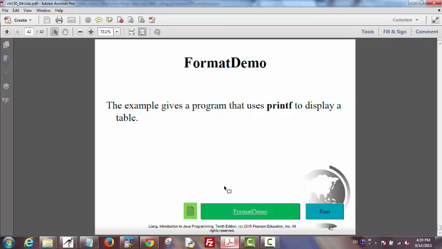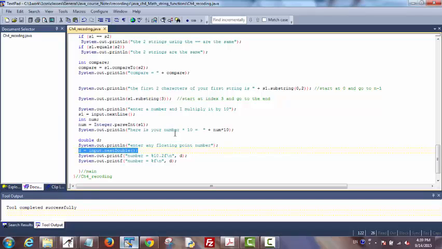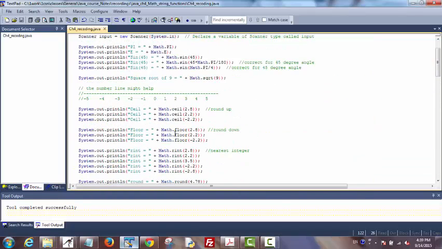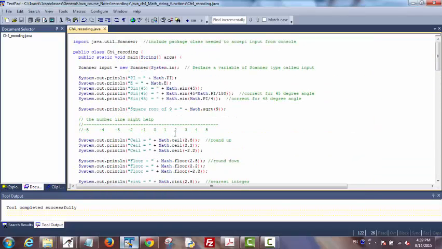Okay, so it looks like I'm done. It's about 30 minutes, and maybe I ran a few minutes over the usual 30 minutes. But what I want you to take out of this chapter is to know what type of functions are available within the Math class. Of course, we can always use the Java documentation to tell us everything about the functions and the constants that Java gives us.